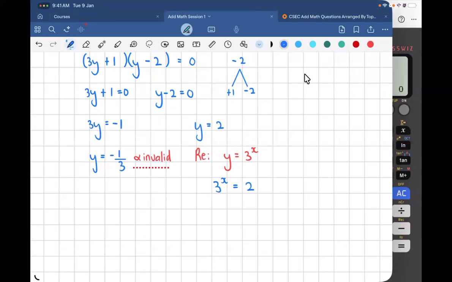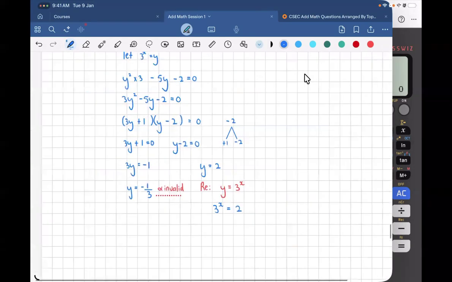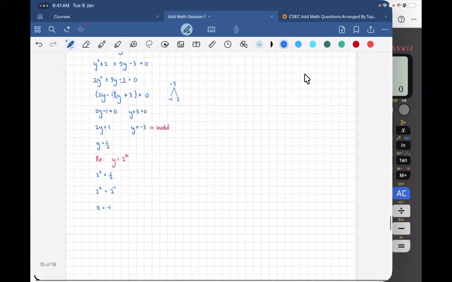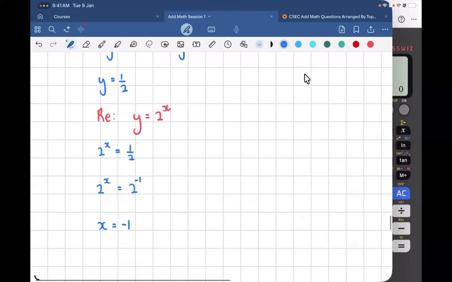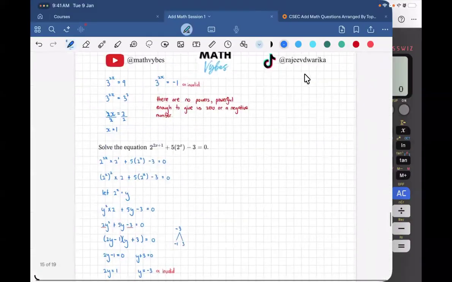Now, do you know off the top of your head what power you'd have to raise 3 by to get 2? Is this like the other questions where I could write 2 as a power of 3, or is it different? I would say different. Definitely different, because in the last questions we had 1 over 2, which is 2 to the power minus 1, very easy.